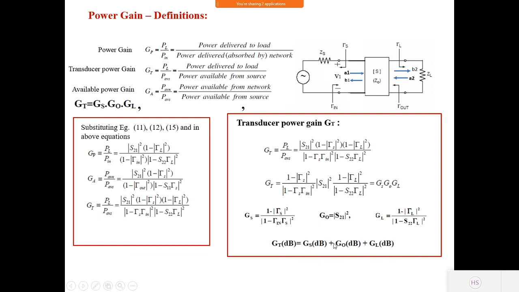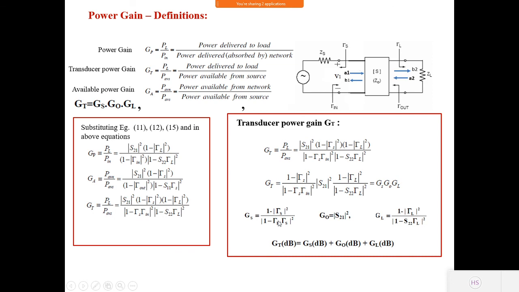So how do you get GS? You take this term, that is GS. You can calculate it if you know ZS. Twice you can calculate, and Gamma in, how do you calculate Gamma in? In the GS equation, we have Gamma S. Gamma S you can calculate if you know ZS.